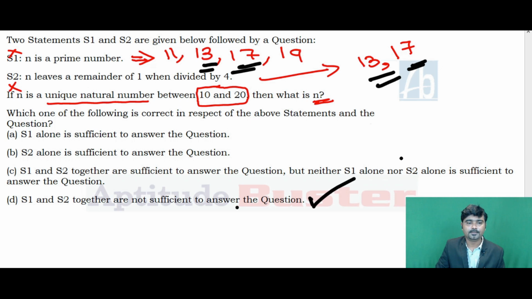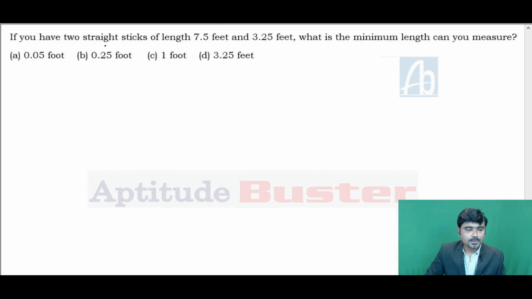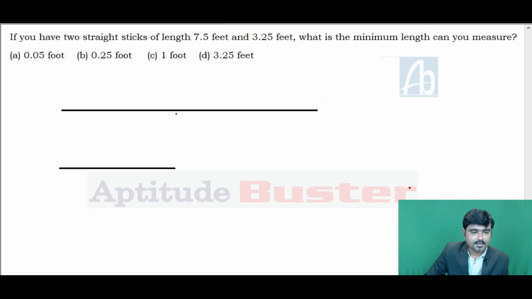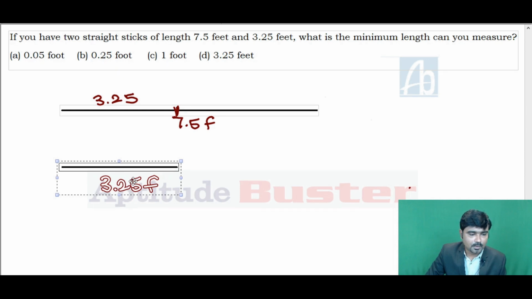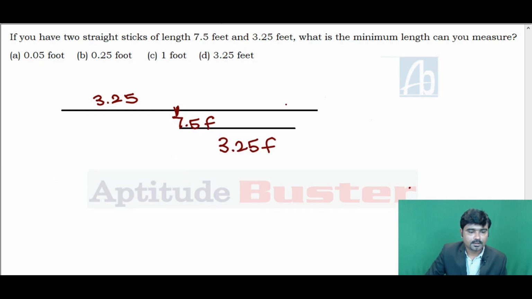Answer choice D. If you have two straight sticks of length 7.5 feet and 3.25 feet, what's the minimum length you can measure? Take two sticks like this. This one is 7.5 feet. The next one is 3.25 feet. Using this 3.25 feet, we can mark here a point like this. The length is 3.25. Again, take this to mark 3.25 here.